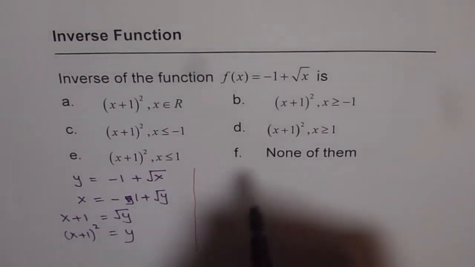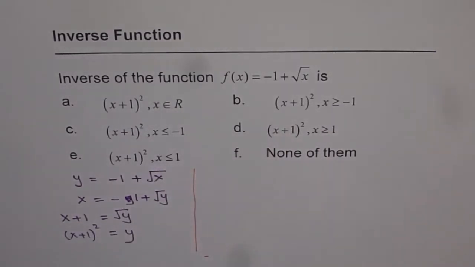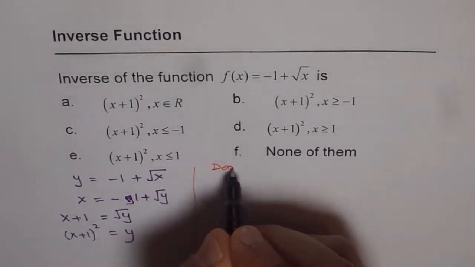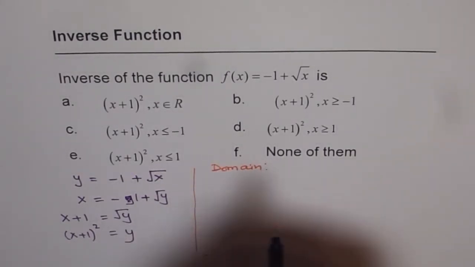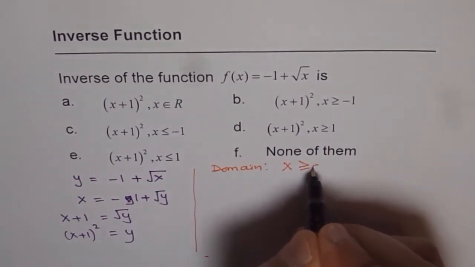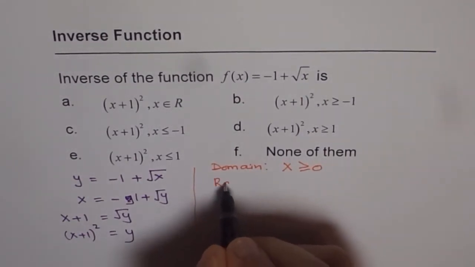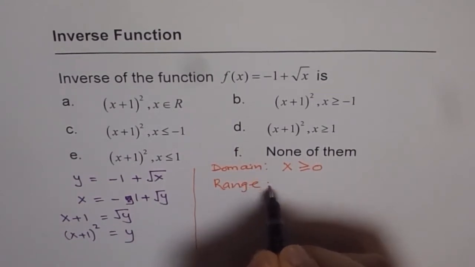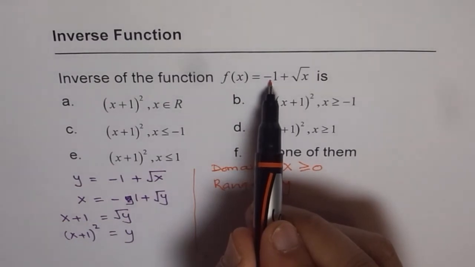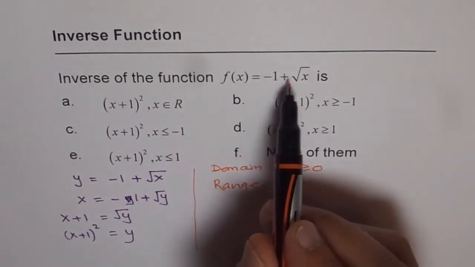Now, in the function, what is the domain of the function? So the domain is that x should be greater than or equal to 0. And how about the range? The range is, it is minus 1. So it is translated 1 unit down and it moves upward.